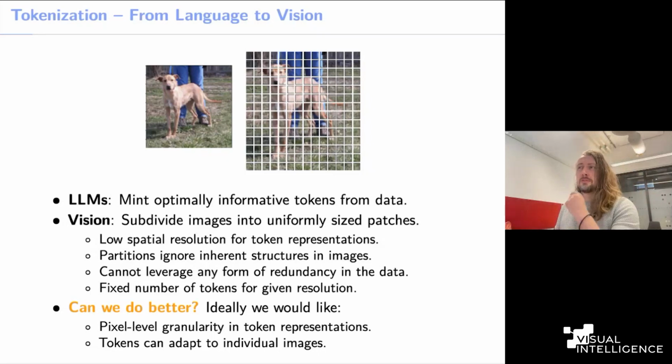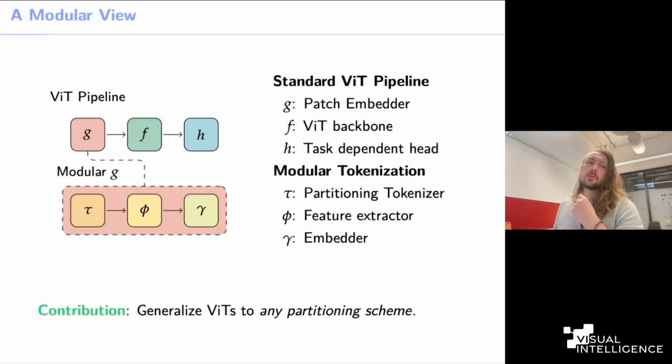So some sort of adaptive way of partitioning images is something that we've been thinking about. What we discussed in the first paper, called modular superpixel tokenization for vision transformers, is that the tokenization pipeline can be split into three parts.